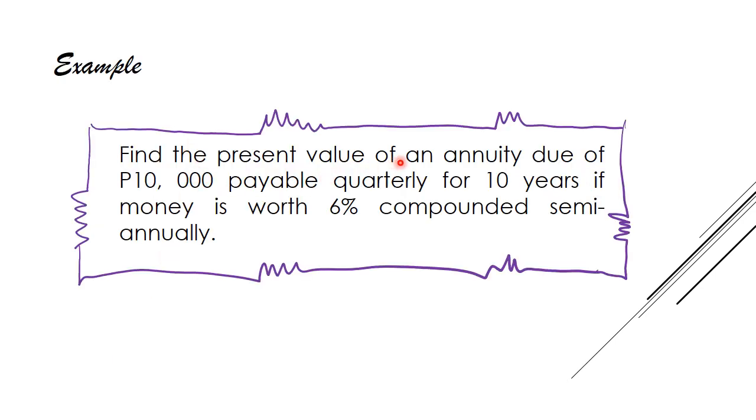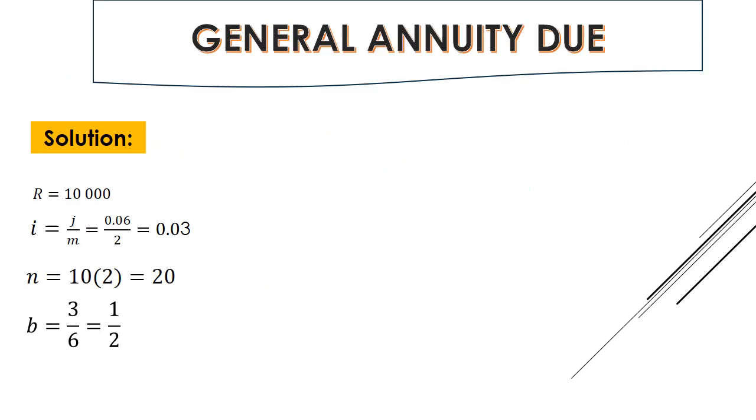find the present value of an annuity due of 10,000 pesos payable quarterly for 10 years if money is worth 6% compounded semi-annually. Since it's an annuity due, we can use the formula for the annuity due.